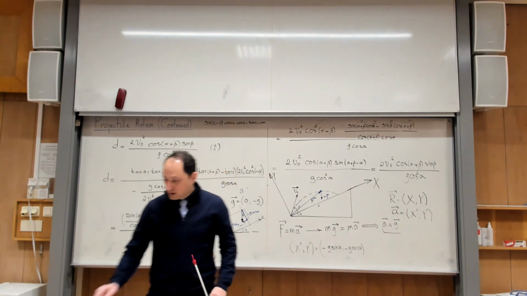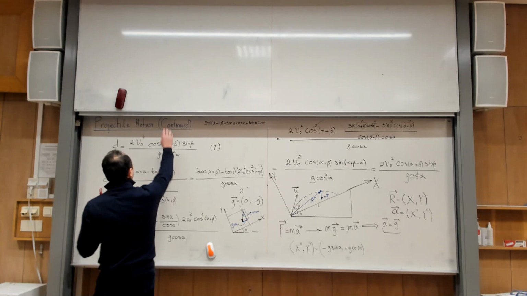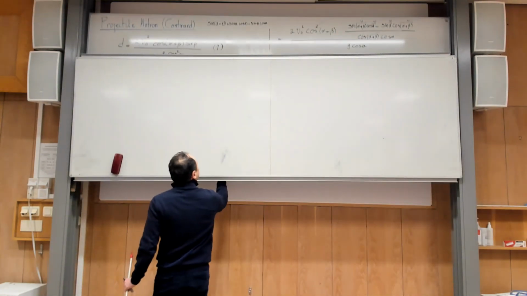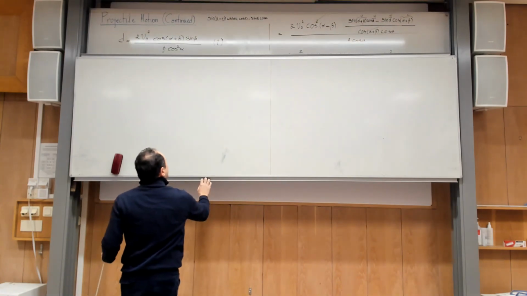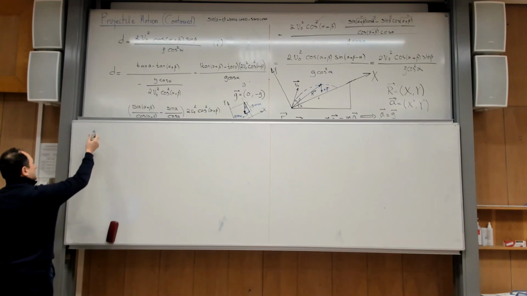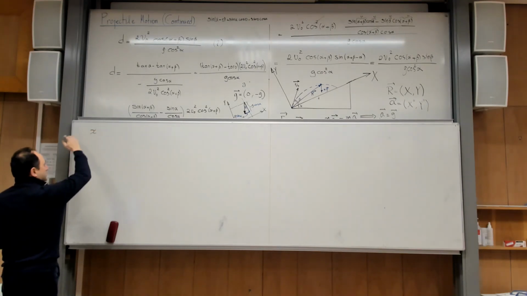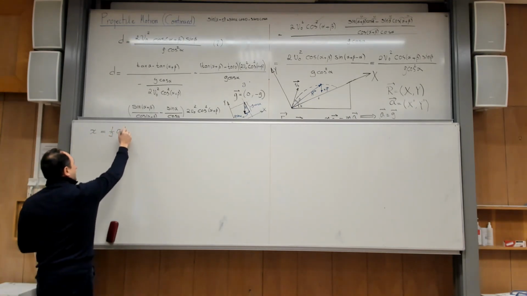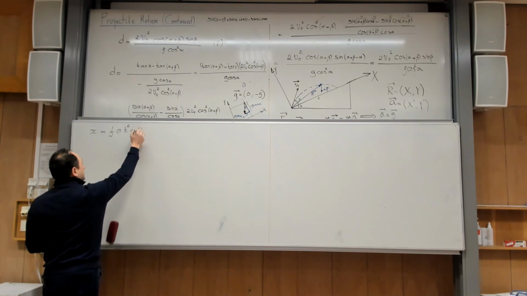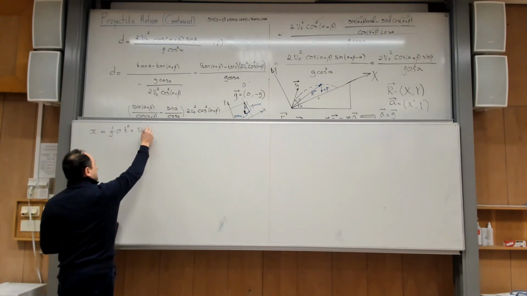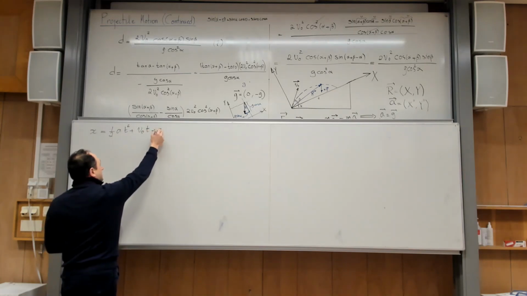Now, do you remember the formula? If I have a motion with constant acceleration in general, then if you are looking along the x direction, x is 1/2 times your constant acceleration times t squared, plus the initial velocity along that particular direction times t, and of course plus the initial position.